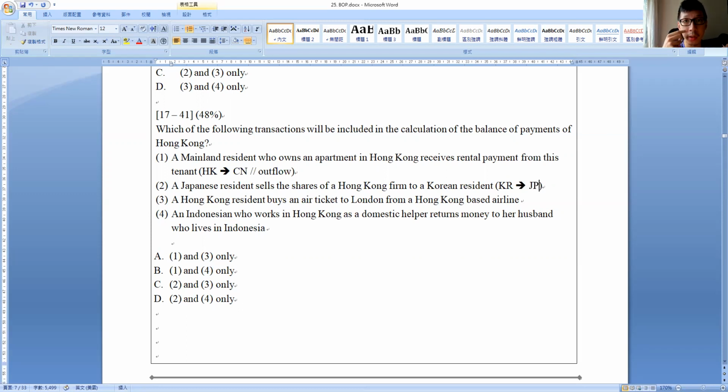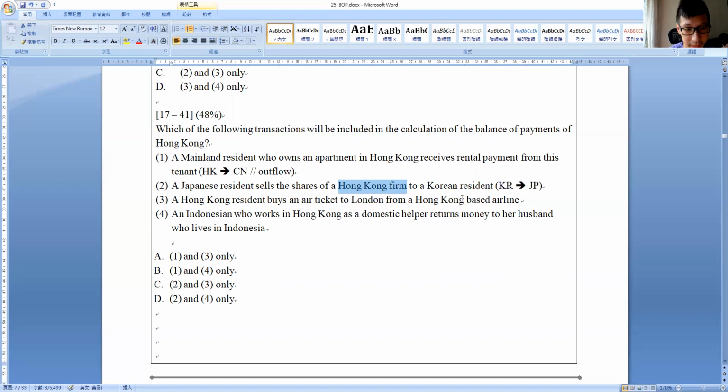Therefore, it's not going to affect our Hong Kong's balance of payment. Now, be very careful, right? You see Hong Kong firm here. Remember, the focus of balance of payment is whether money goes into or out of Hong Kong. So don't count it just because you see Hong Kong. Okay, you need to think carefully where the money is going, from where to where.